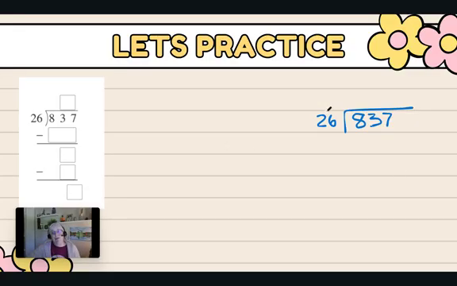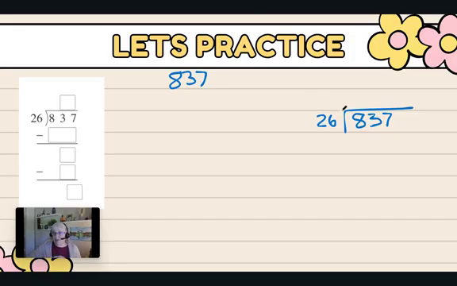So we want to look at 26 and see what number we can multiply by 26 to get close to 837, but not go over. Our goal number that we are shooting for here is 837. I'm thinking if I multiplied 26 times 100, I would be adding 2 zeros to 26, right?